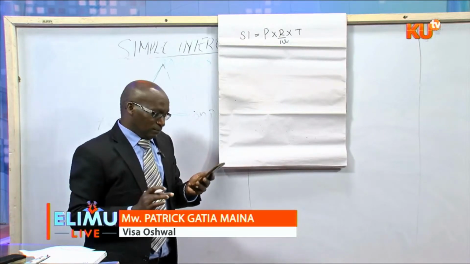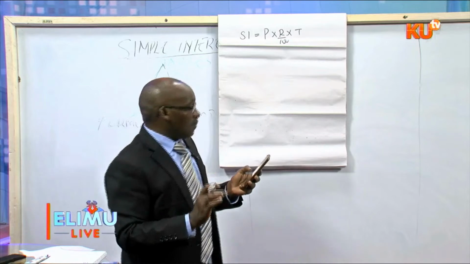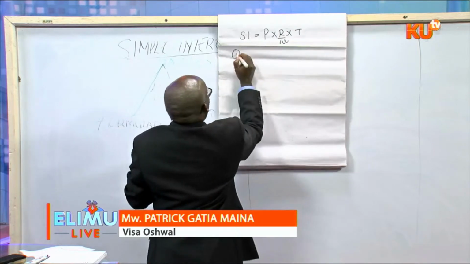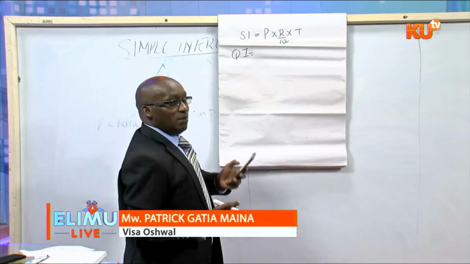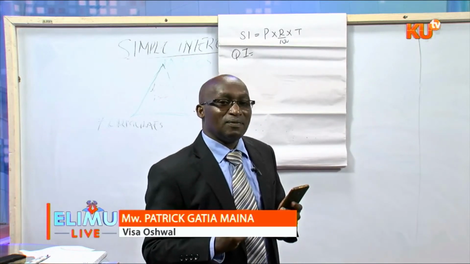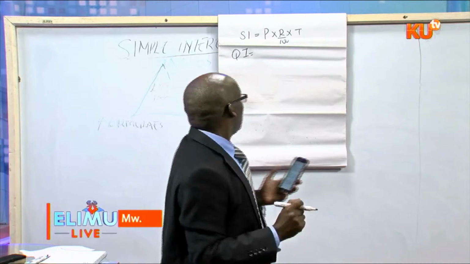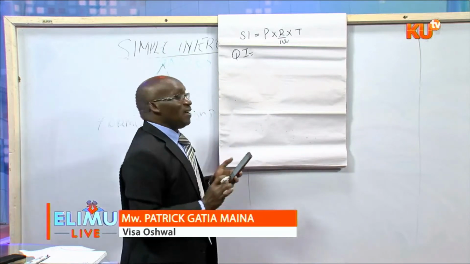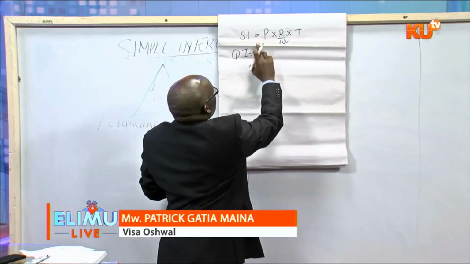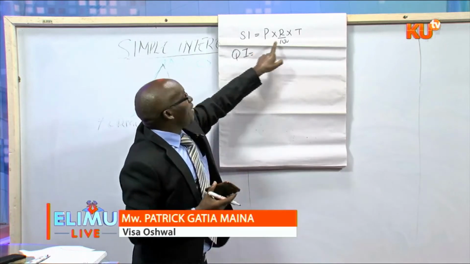Having written the formula, the second step in solving this question is what you call question interpretation. Remember, I say the first thing that you're supposed to do is to read the question and understand. After you have understood the question, highlight the keywords that can help you answer the question, and those words are found in the formula.